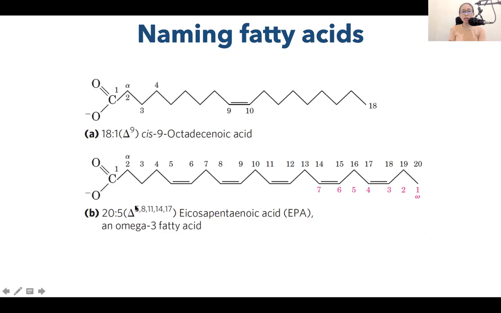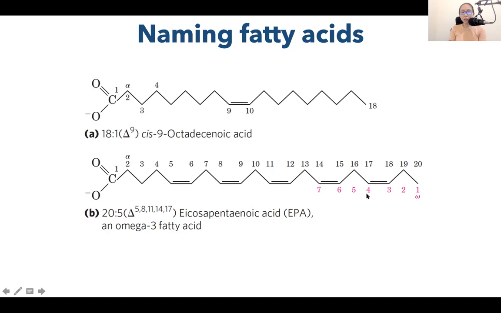So you can easily draw the structure of this fatty acid. So mag-drawing kayo ng carboxylate and then draw 20 carbons. Tas may double bond ka from between carbons 5 and 6, carbons 8 and 9, carbons 11 and 12, carbons 14 and 15, and carbon 17 and 18.